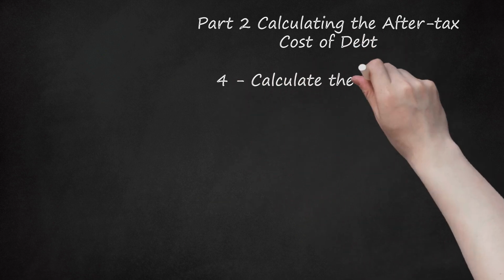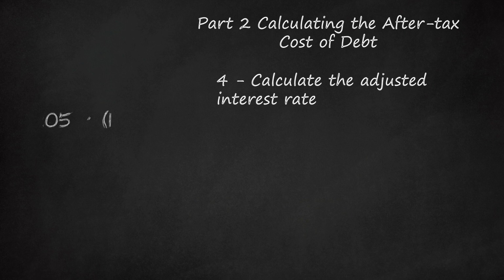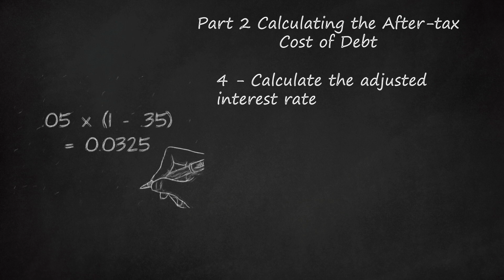4. Calculate the adjusted interest rate. Multiply the interest rate by 1 minus the corporate tax rate. For example, suppose a company with a 35% income tax rate issues a bond with a 5% stated interest rate. The adjusted interest rate would be calculated with the equation 0.05 x (1 - 0.35) equals 0.0325.